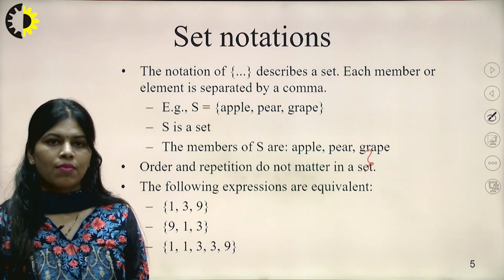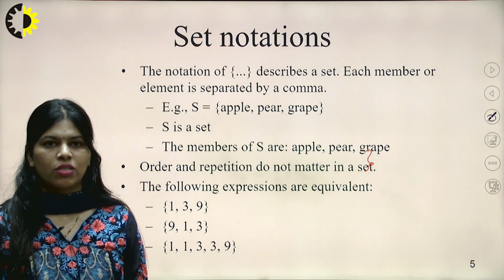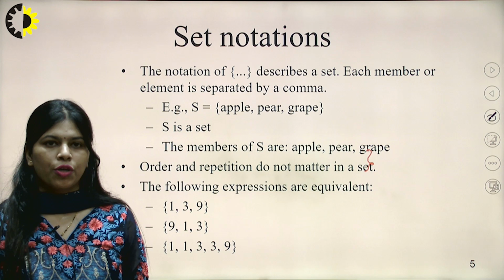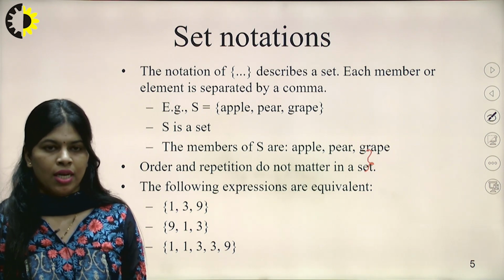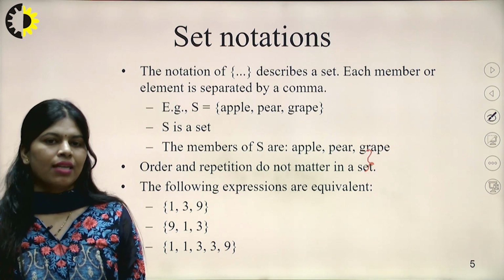Now comes the next topic, which is set notation. What do we mean by notation? Notation is basically how we represent a set. A set is basically represented by capital letters.